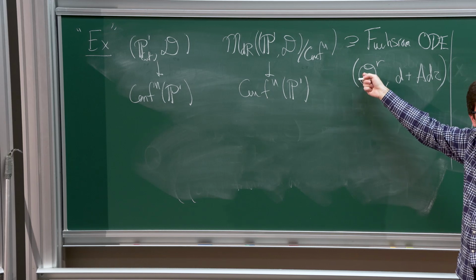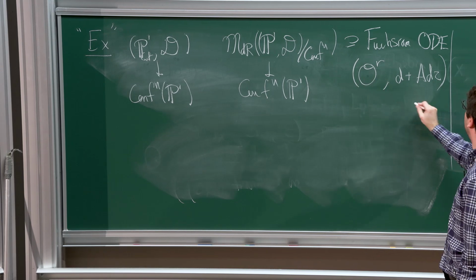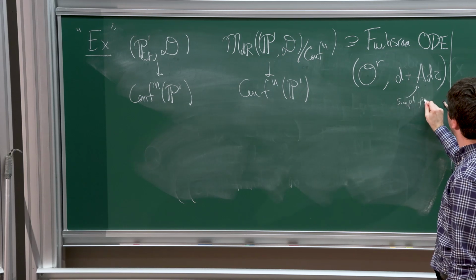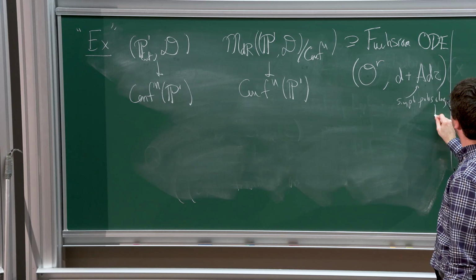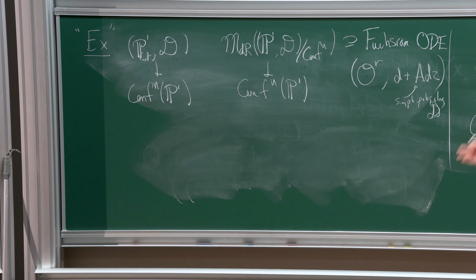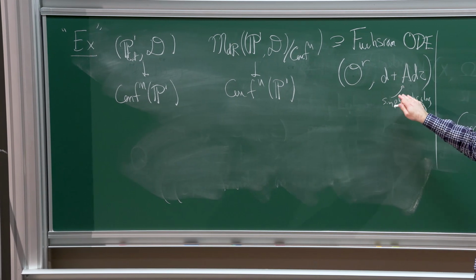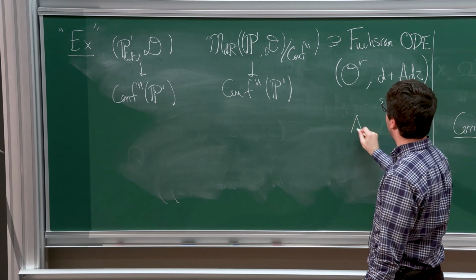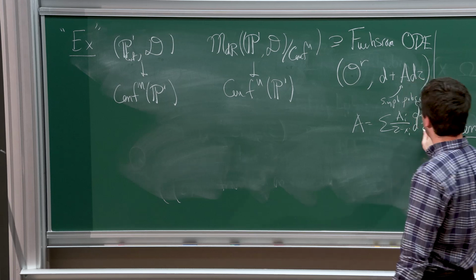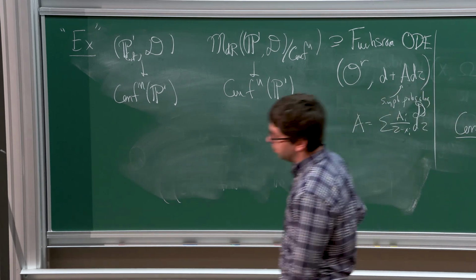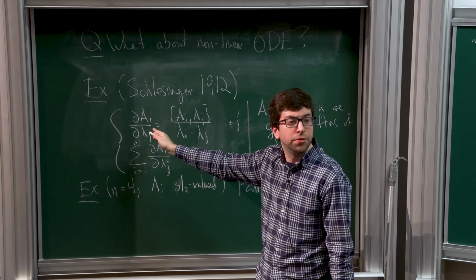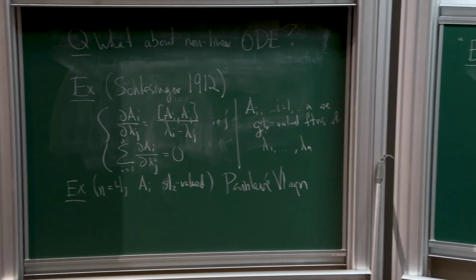So the underlying bundle is trivial, and the connection is given by a connection matrix with simple poles along D. On this locus, if you write this as A, the sum of A_i over z minus x_i dz, where the x_i are your marked points, this is the horizontal foliation. So that's where this example comes from.